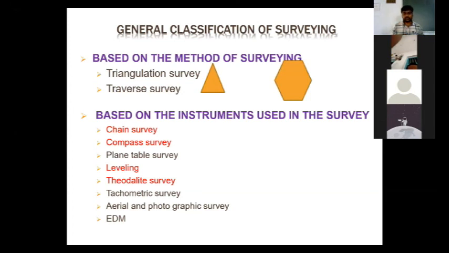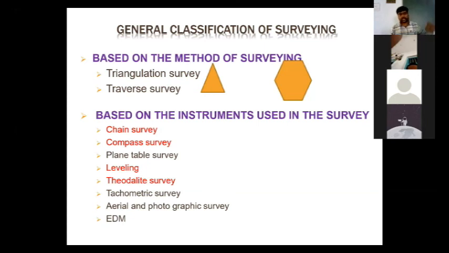Next, the total station. Whatever we have studied so far, the chain survey, compass survey, plane table survey, theodolite survey, tachymetric survey and photogrammetric survey, everything is done by only one instrument, that is the total station.